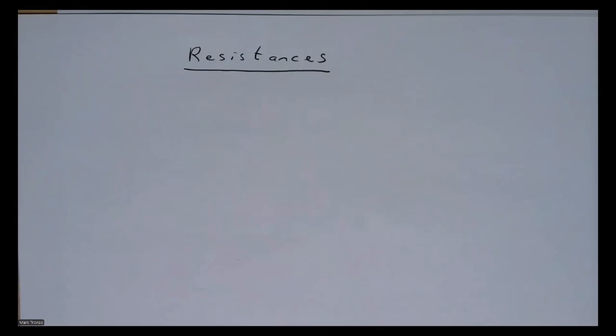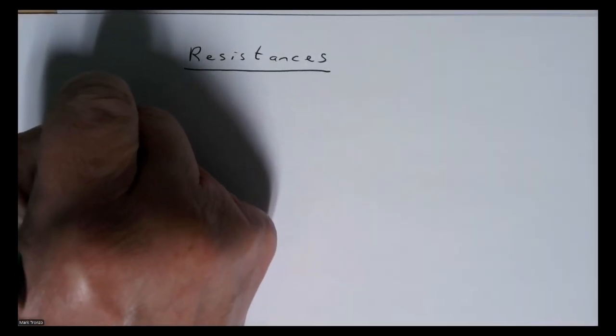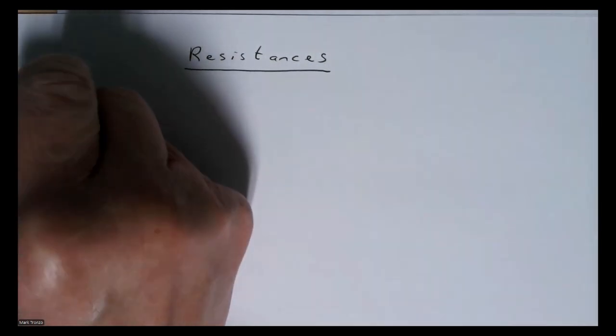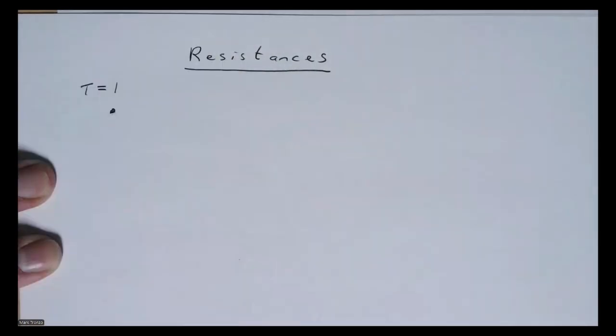Next, we're going to look at the resistances. Let's think a minute about what we have. We've got this pipe, and there's going to be convection between the water, which is at 190 degrees.